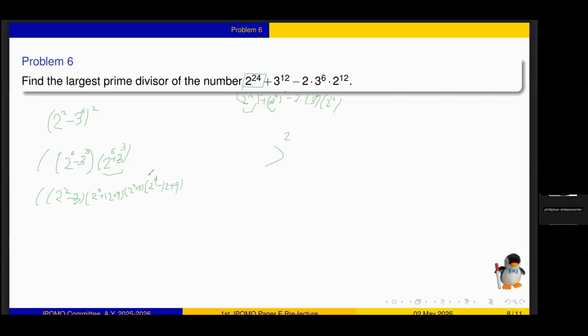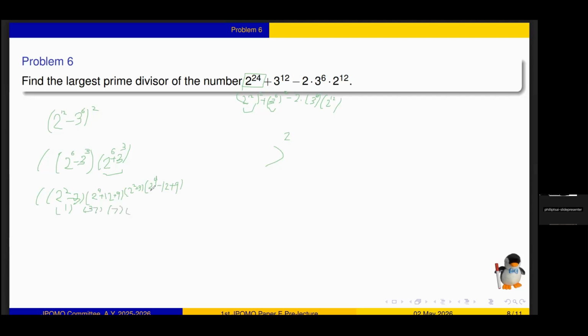Now we can compute these expressions here. This is 1. This is 16 plus 12 plus 9, which is 28 plus 9, which is 37. Anyway, it looks like we have a nice prime number here. 2 squared plus 3, which is 7.